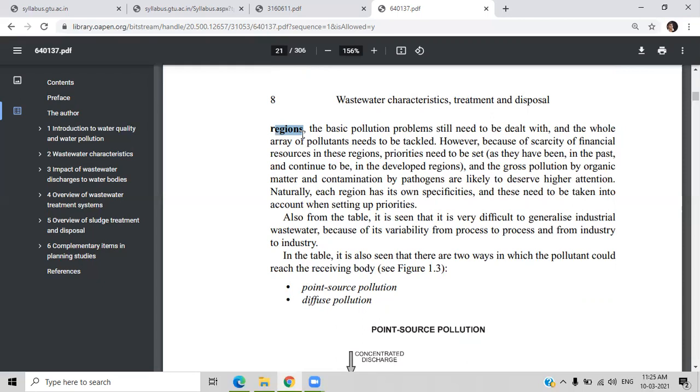So there are different needs at the different stages of every product manufacturing or product development. Since the process varies, the pollutants are available in a variety of natures for the industry.